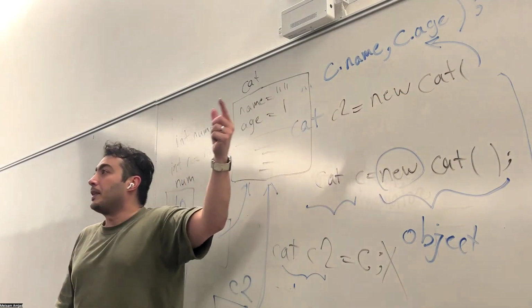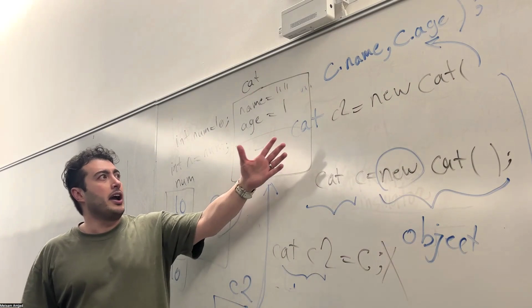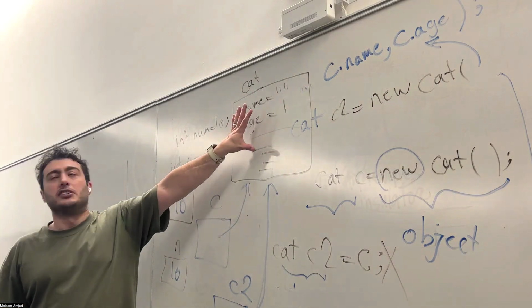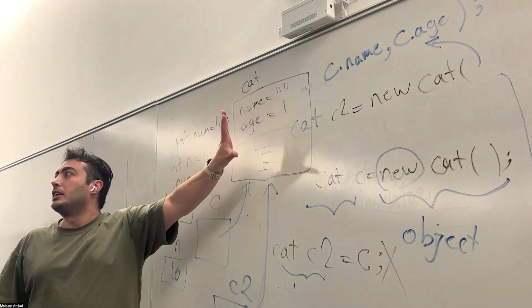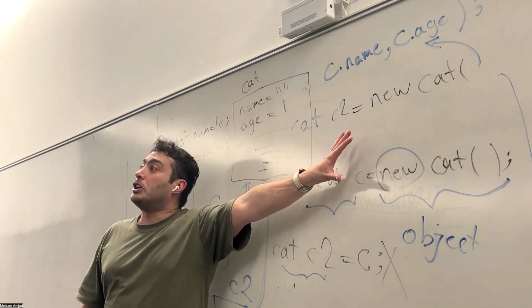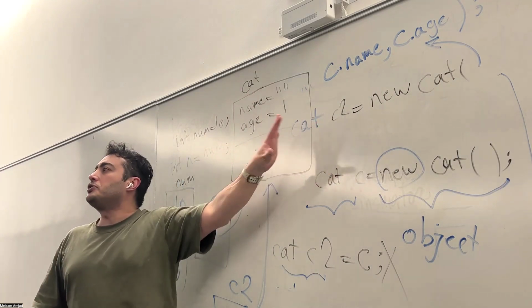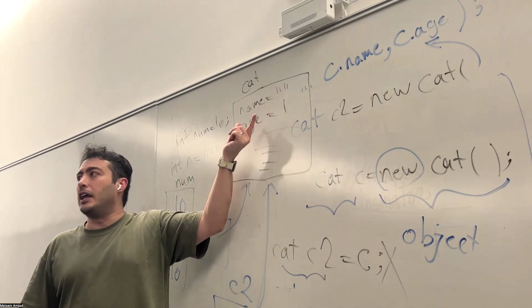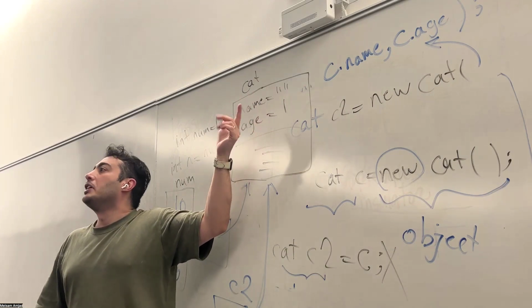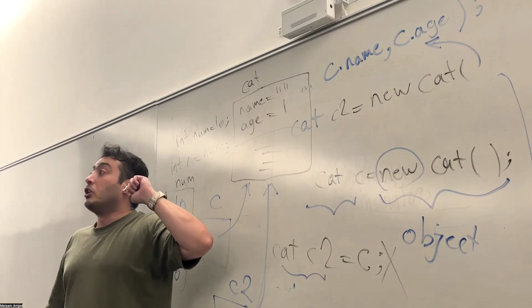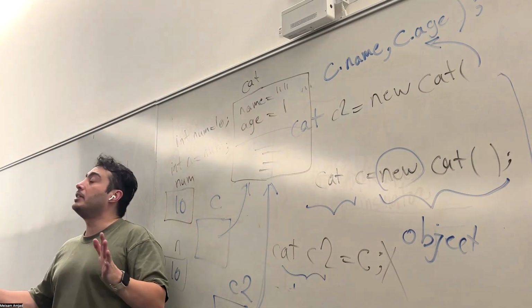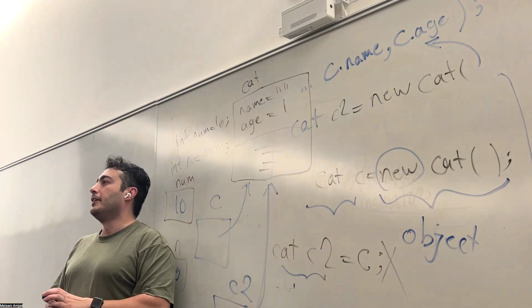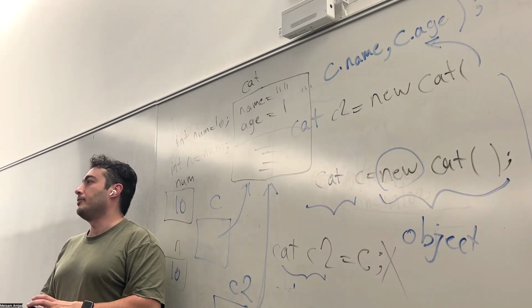So inside the clone, I end up with a separate cat object that has a separate memory location, and all these two cat objects have in common is the same value for the name and the same value for the age. That's what we call a deep copy, which is a separate independent copy of two objects.